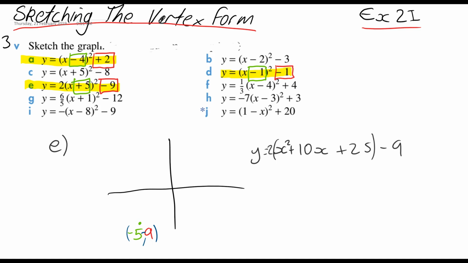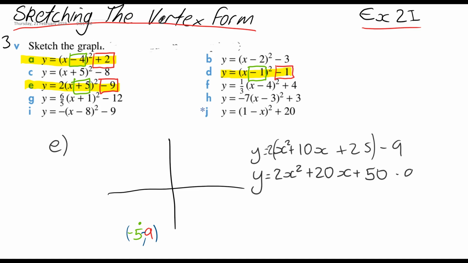This is important: the 2 distributes only to the brackets. So in my next iteration, it's y equals 2 times x squared, plus 20x plus 50, I was going to say 25, but no, 2 times 25 is 50.